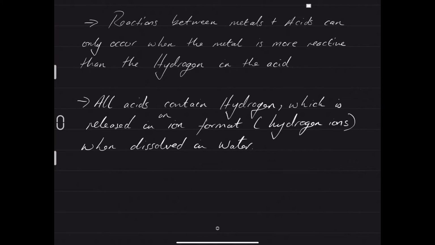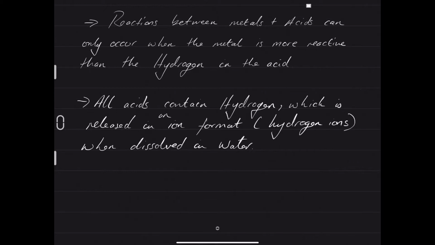What this is saying is that when we're looking at our acid and metal reactions, we are always dealing with an aqueous solution. So we are dealing with an acid where the H plus ion is released into an aqueous solution when it's dissolved in water.